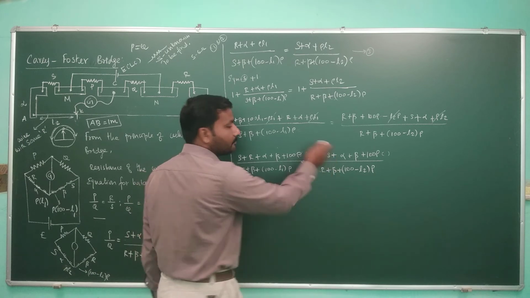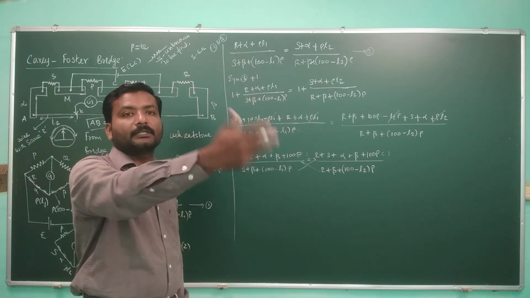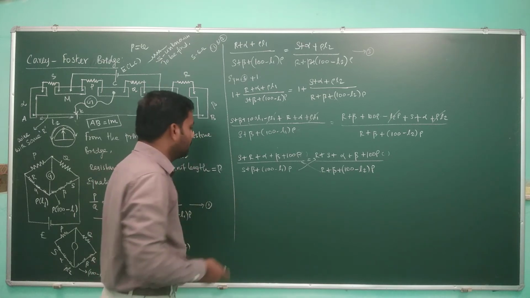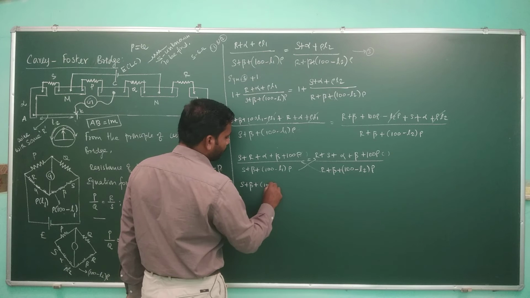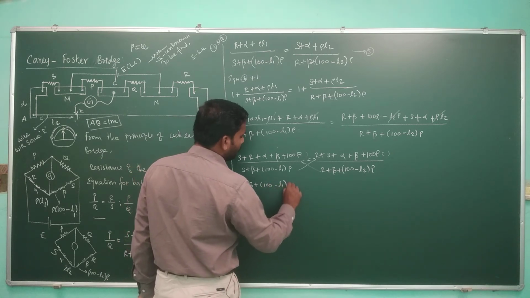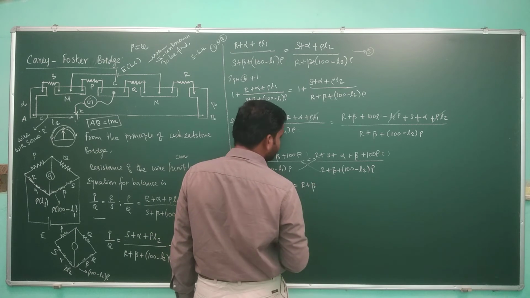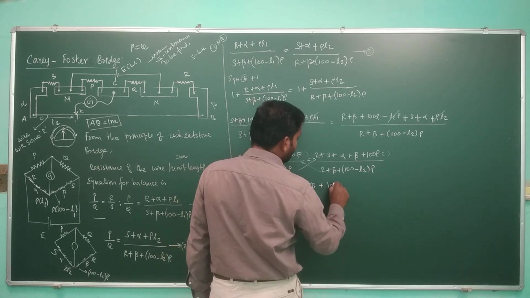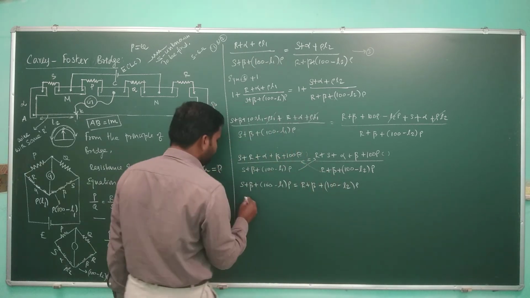Now this and this become equal, right? Simply, if the numerators are equal, then the denominator must also be equal. In that case, S plus beta plus 100 minus L1 rho must be equal to R plus beta plus 100 minus L2 rho, right?